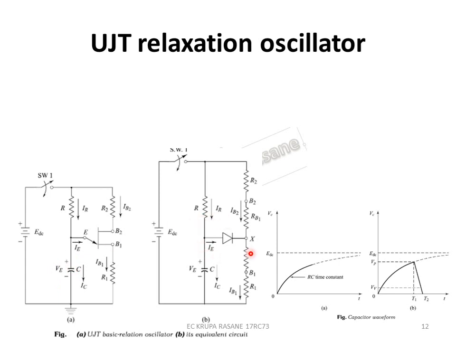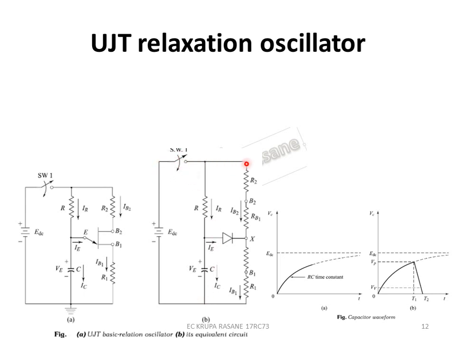This is the equivalent representation. The UJT has been converted to a diode with the internal resistances RB1 and RB2. These are the two external resistances R1 and R2. R is the external resistance we have used, and this is the capacitor. When the switch is on, the DC gets connected and the diode is in the off state. The DC is common as VBB as well as to this capacitor.